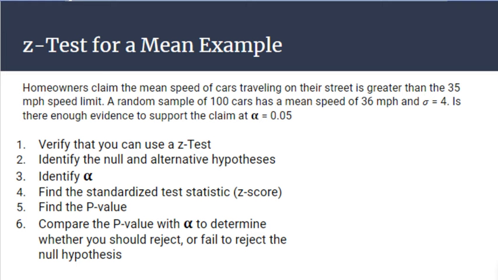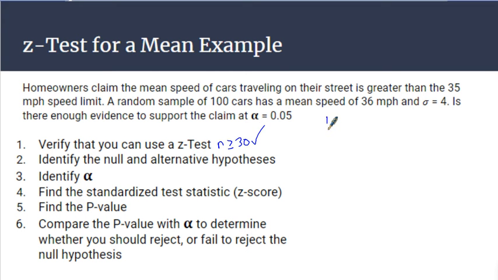First thing, verify that you can use a z-test. The rule for proportion is our NP and NQ thing. The rule for means is sample size is greater than or equal to 30. That is true because we have a sample of 100, so our sample is big enough. We're good. Next, identify the null and alternative hypothesis.